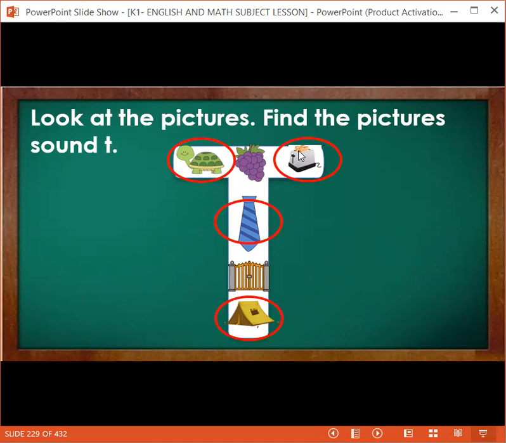So turtle, toaster, tie, tent, they sound the letter T. T, T, T, T.